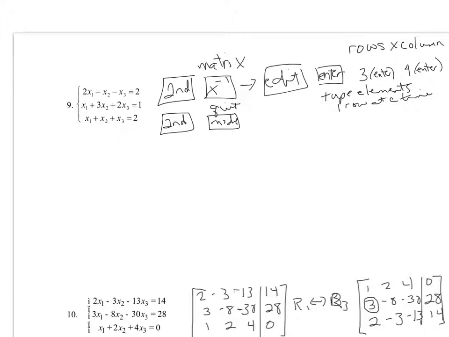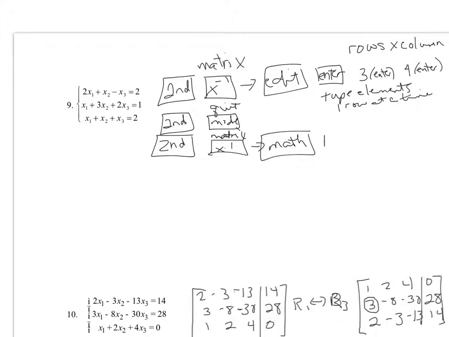What we need to do now is to tell the calculator what to do with this matrix. So if you'll go back to second, x to the negative 1, which is second matrix. This time, you need to arrow over to where it says math.